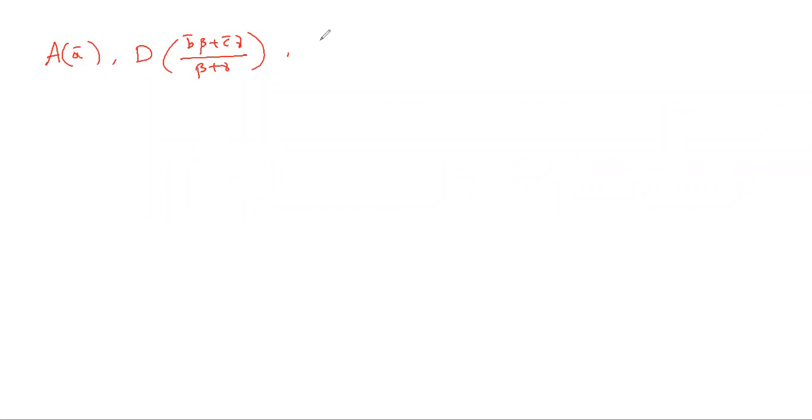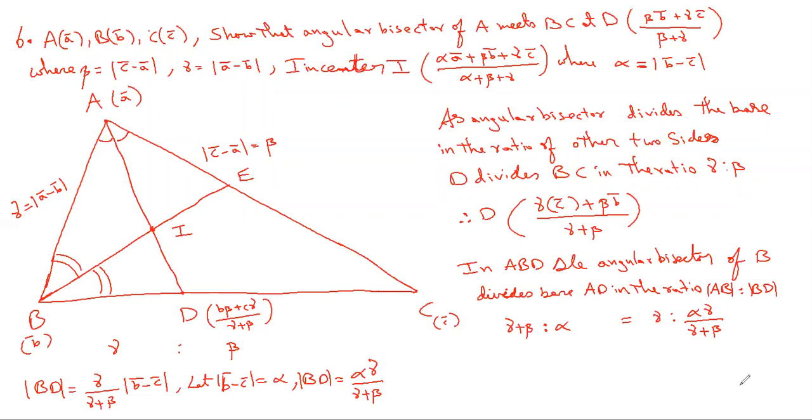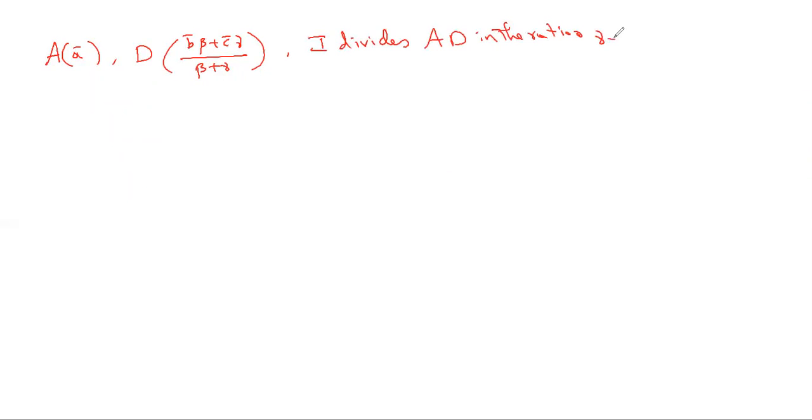So I divides AD in the ratio. What is that ratio? Gamma plus beta is to alpha.